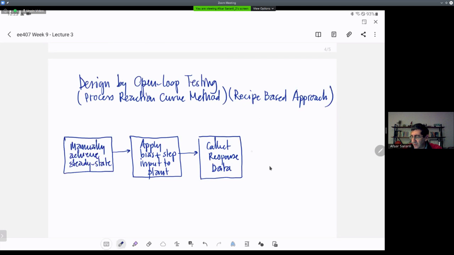Obviously, at this point, if you really are going to go with a linear model, well, you have many options.